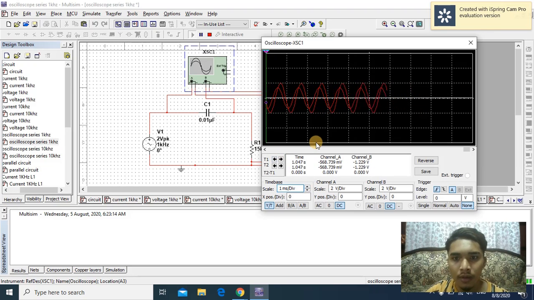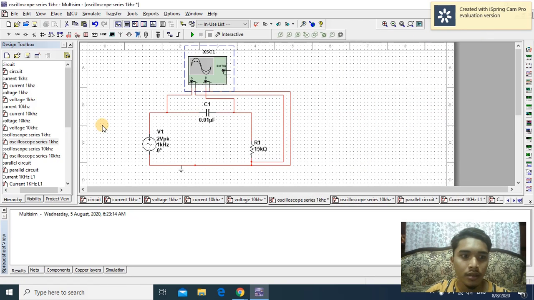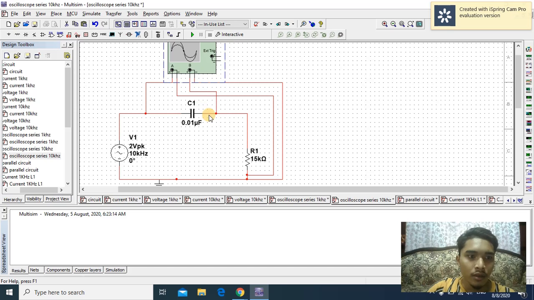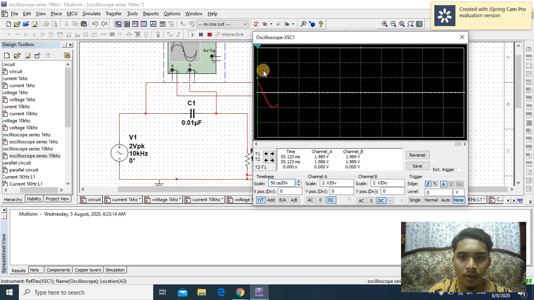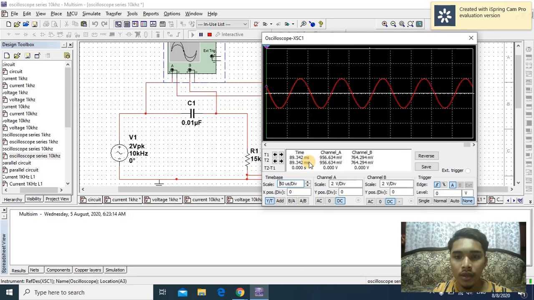The V peak that I take is 2 volt. Next, we move to the oscilloscope in the series circuit at 10 kHz. Measuring with the oscilloscope, you can see the V peak is 2 volt.